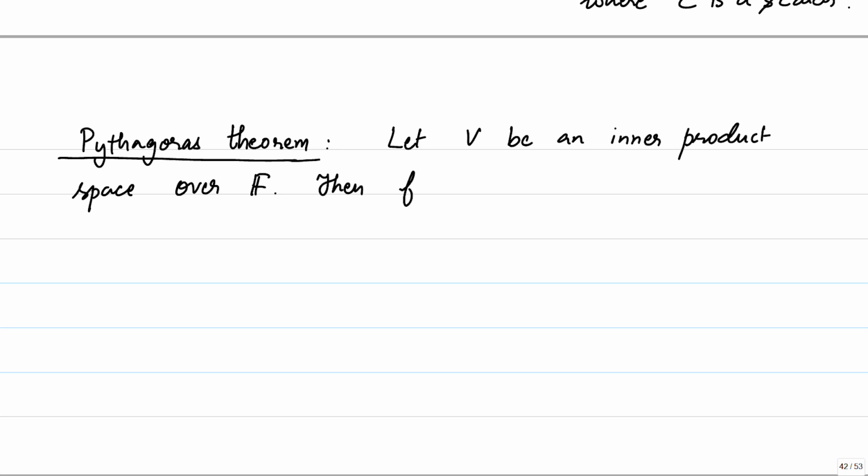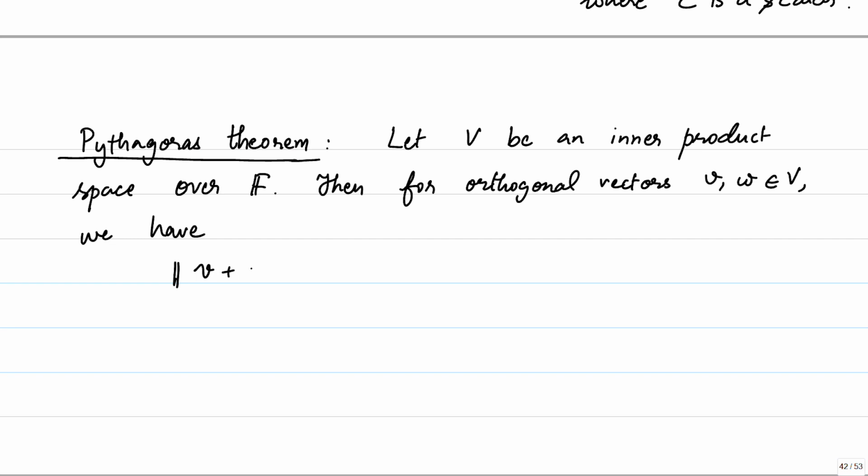Then for orthogonal vectors v, w in capital V, we have the length of v plus w squared is equal to the length of v squared plus the length of w squared.